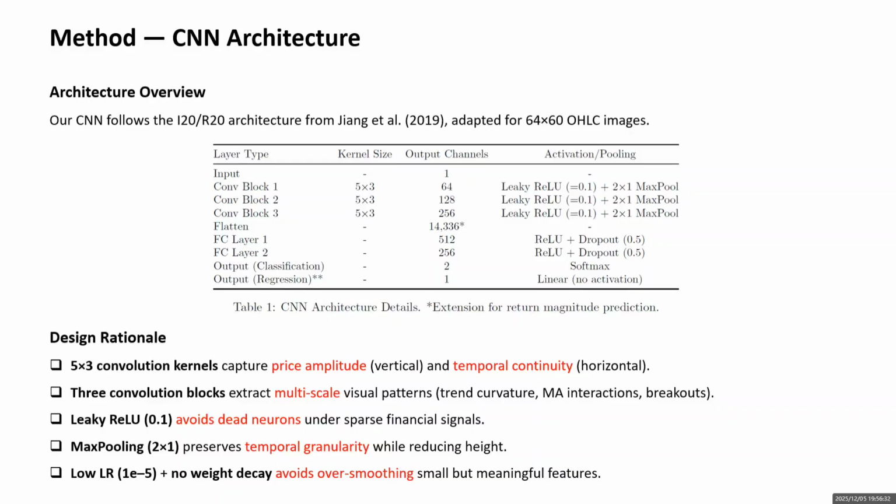A leaky ReLU helps avoid dead neurons, and 2 times 1 max pooling preserves temporal granularity. We then flatten the features and pass them through 2 fully connected layers, avoiding overfitting with a low learning rate and weight decay.